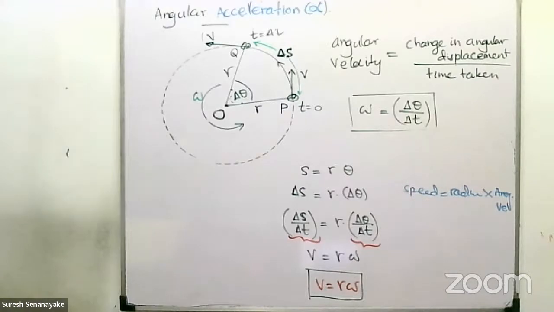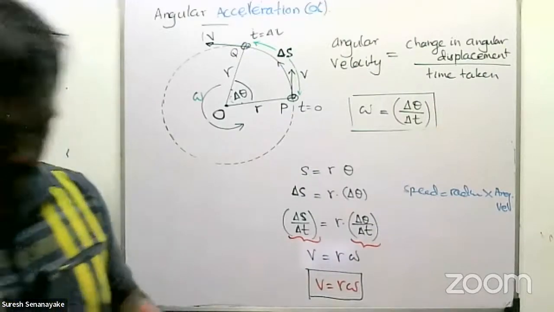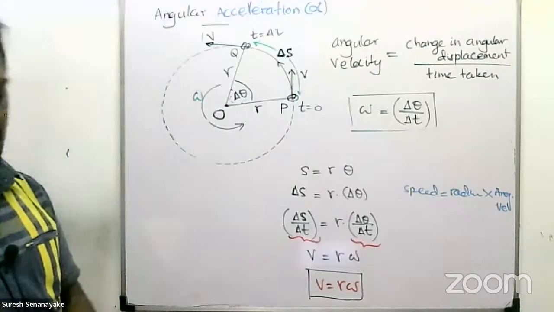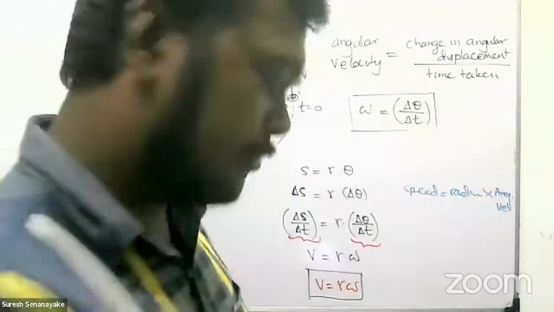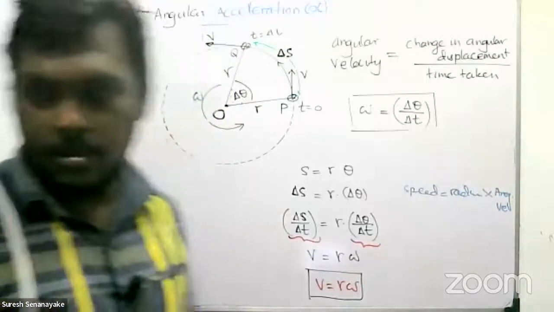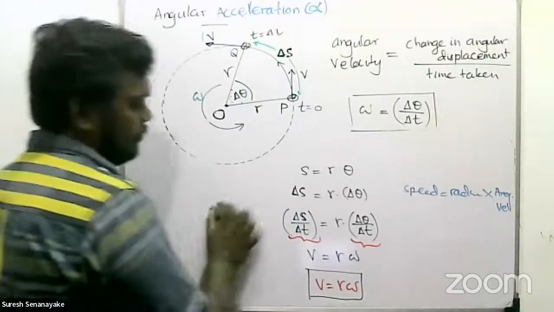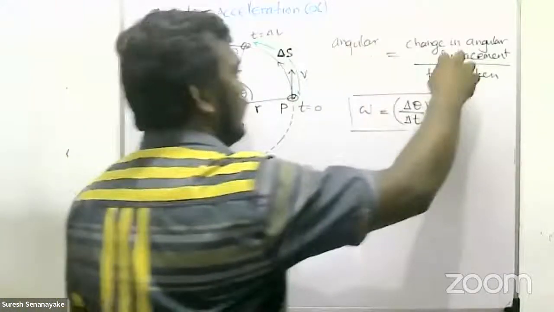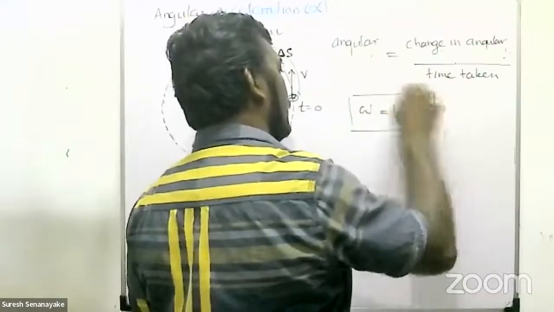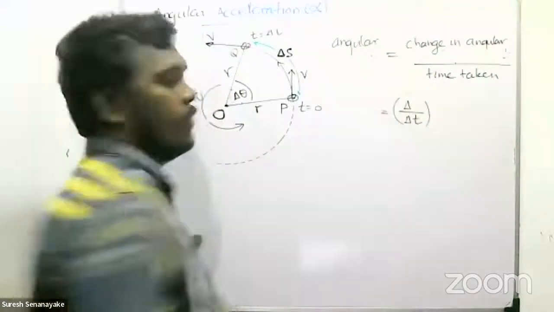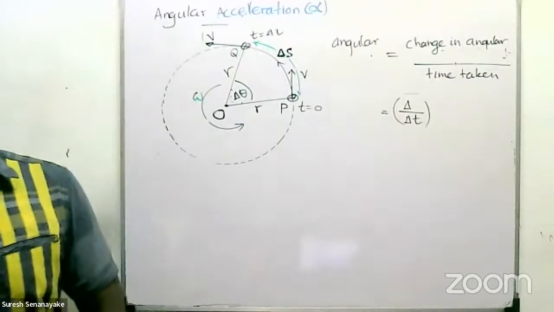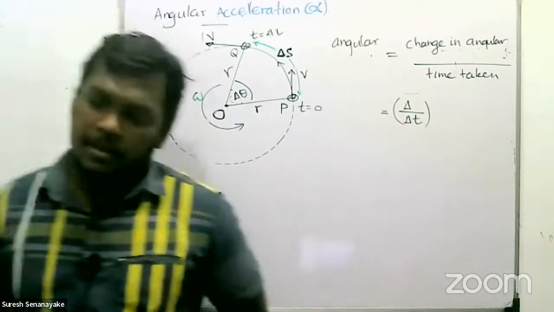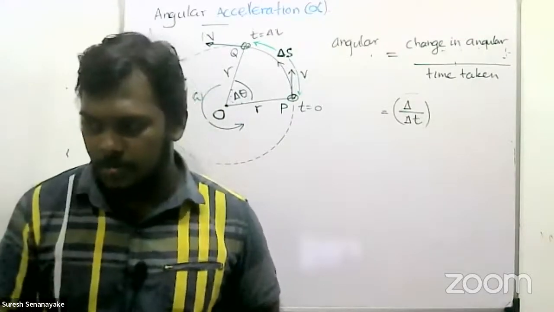Write the definition. The angular acceleration of a particle is defined as the rate of change of angular velocity of a moving body at a moment.